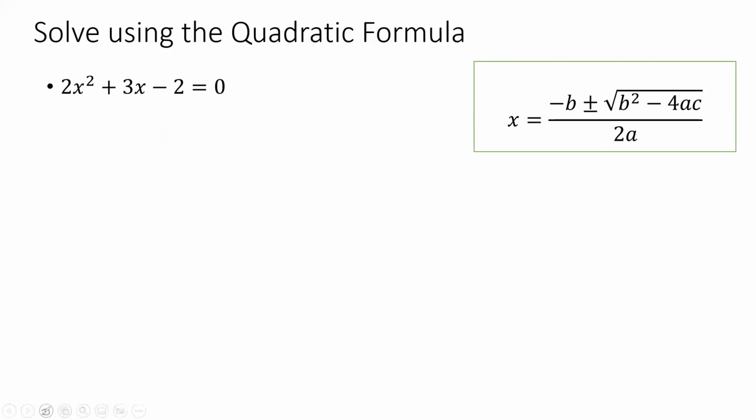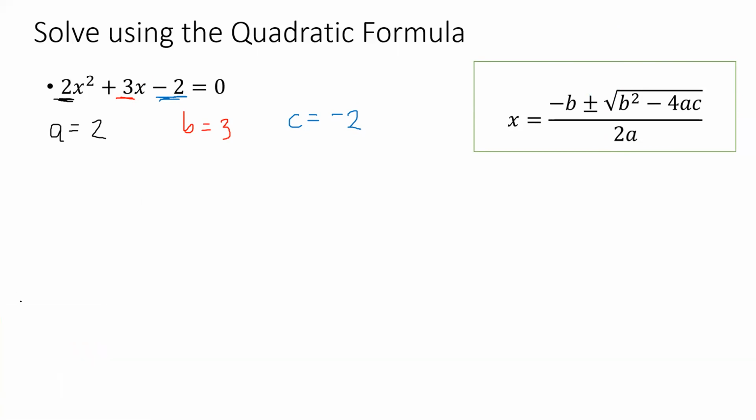It's easy when the equation is already arranged like ax squared plus bx plus c equals 0. So we can first determine a, b, and c. Let's color code it. This is a, which is 2; b, the coefficient of x, is equal to 3; and c is equal to -2. So we can substitute these values here.